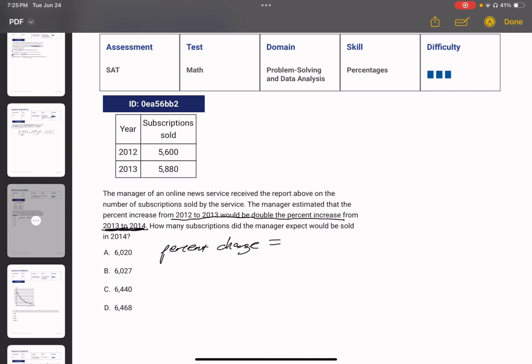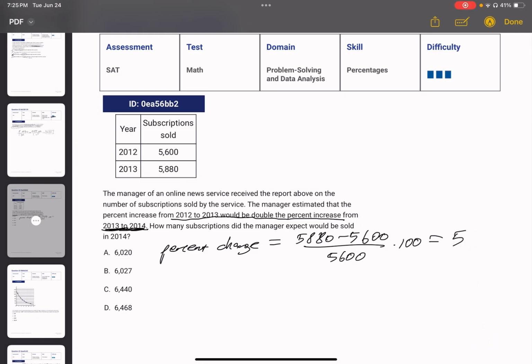And we know that's going to be equal to new, which is 5,880, minus old, which is 5,600, over old, which is 5,600, times 100. And that's going to be equal to, put that in your calculator, 5,880 minus 5,600 divided by 5,600, all times 100, and you get 5.